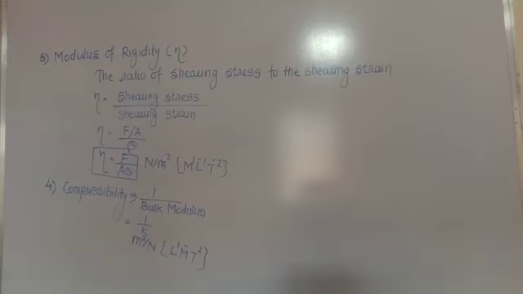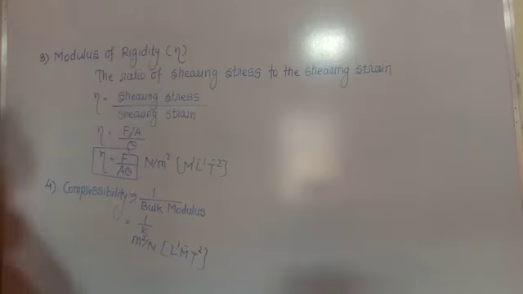That means it is the reverse. So these are the types of modulus of elasticity: the first one is Young's modulus, the second one is the bulk modulus, the third one is the modulus of rigidity, and the reciprocal of the bulk modulus is the compressibility.